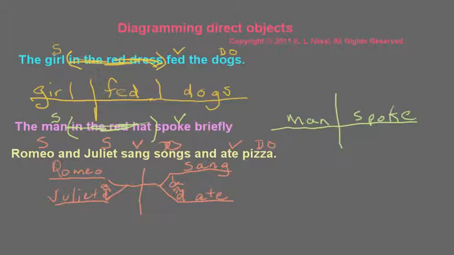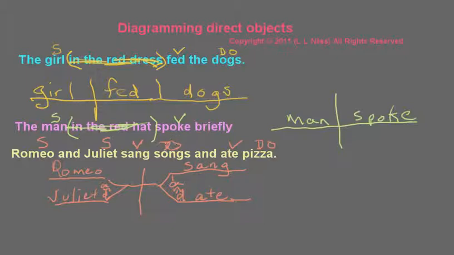Now, I want you to watch this very carefully. Remember how I just said that Romeo and Juliet shared these verbs? Well, we have to consider that same issue right now. Because if I said Romeo and Juliet sang what, it would be songs.